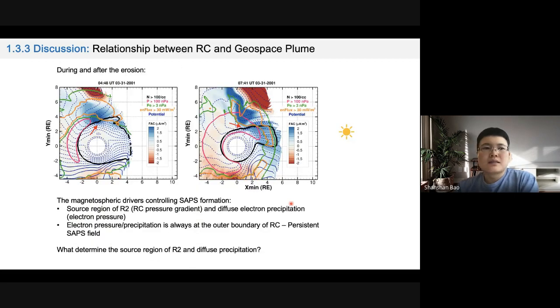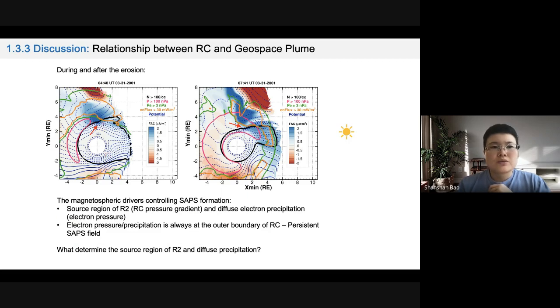So for the last question, we're investigating the relationship between the ring current and geospace plume development. What I'm plotting here on the equatorial plane are different color contours that enclose a region with values larger than that contour. Here is a contour of the ring current pressure, and the black contour is the plasmapause.